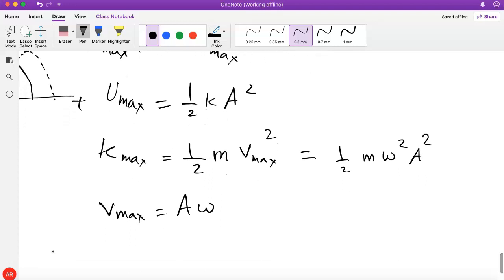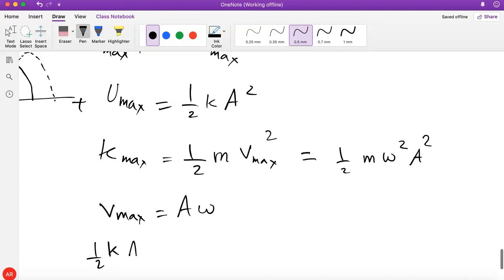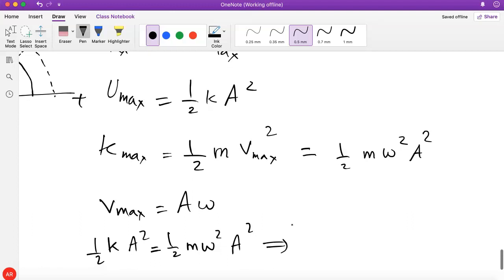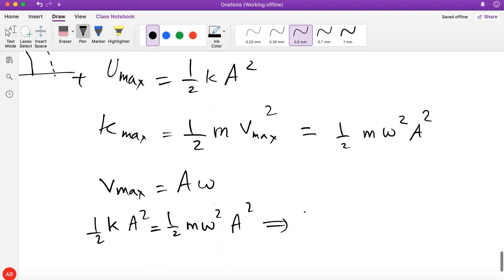So this implies that 1/2 k A squared is 1/2 m omega squared A squared. Canceling out 1/2 and A squared, and dividing also by m, means that omega squared is k over m.